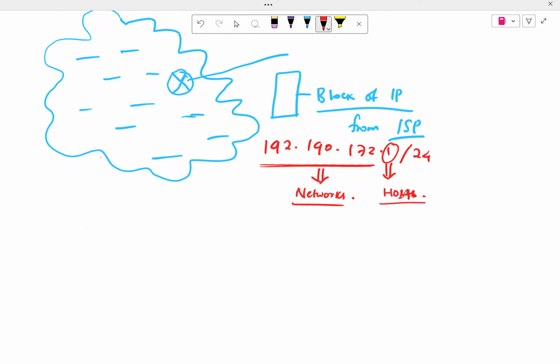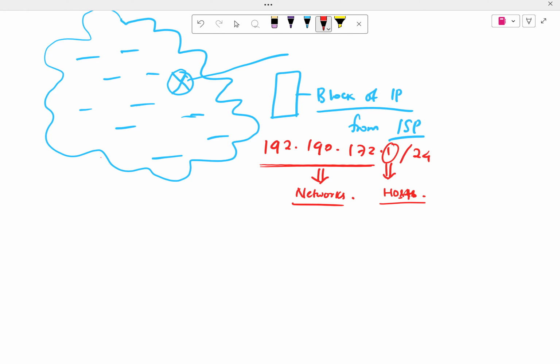So it's very easy now. We can just start giving out IP address blocks to people. You don't have to worry about how the block of IP addresses affects the way you allocate them, because it's very straightforward.